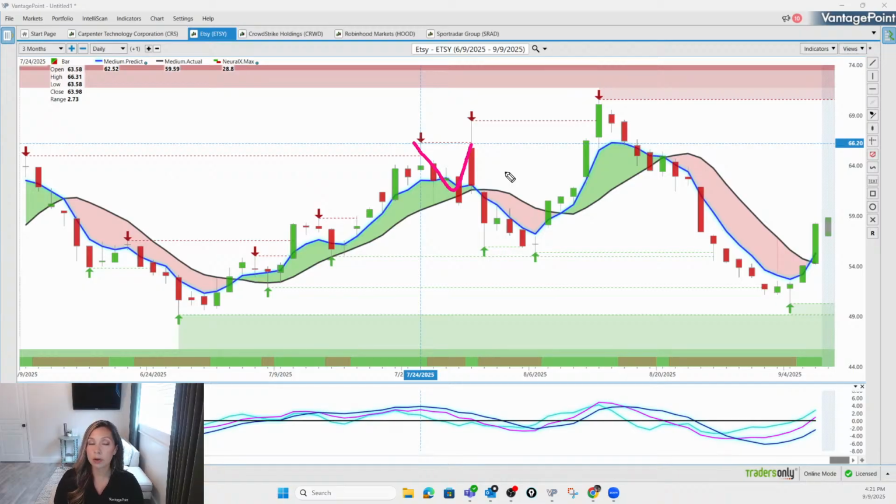So I want everybody to focus on the closes when we're talking about support and resistance. The close is what will tell you a lot about whether or not that trend might be able to break a support and resistance level or bounce off of it. And in this case, we had a bounce off of that resistance and we fell all the way back down to our next support level, right?